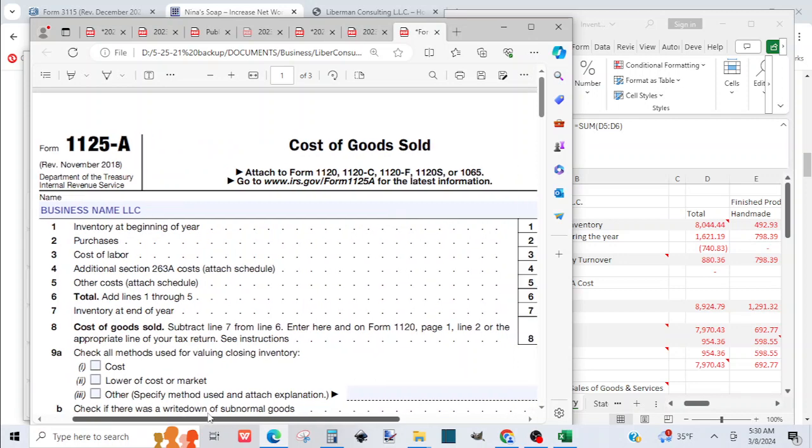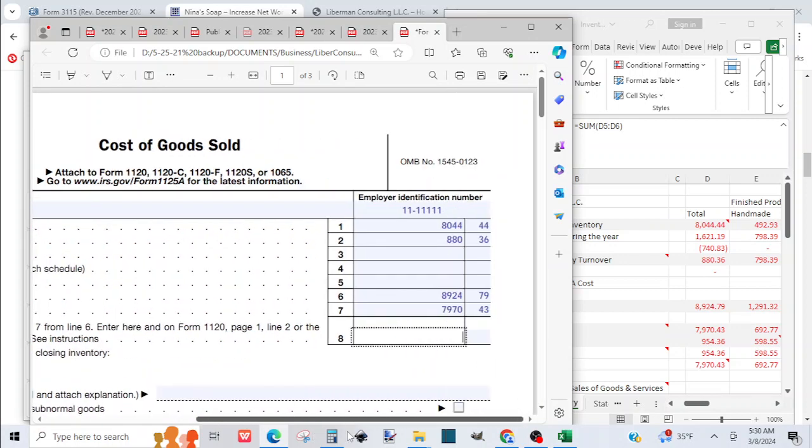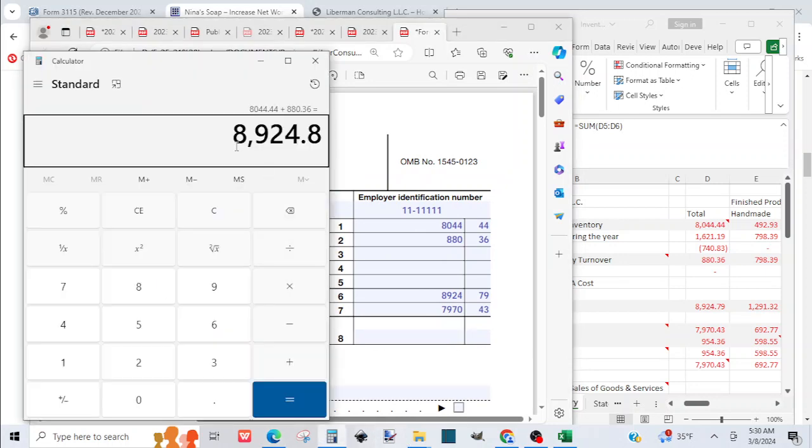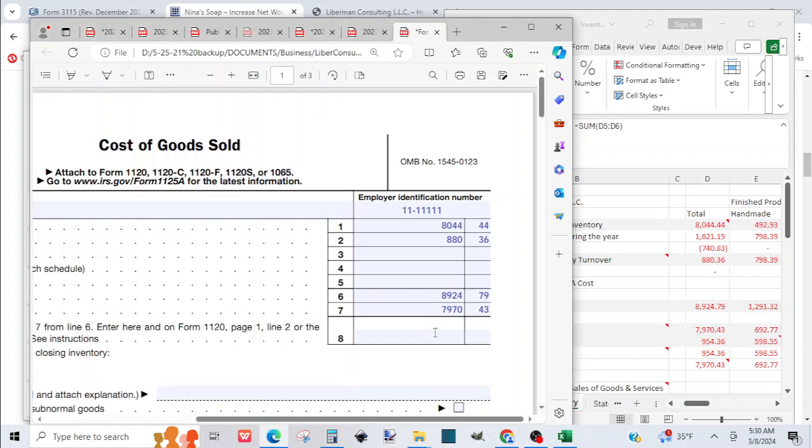Cost of goods sold will be line 6 minus line 7. 8924.79 minus 7970.43, and it's going to be 954.36.